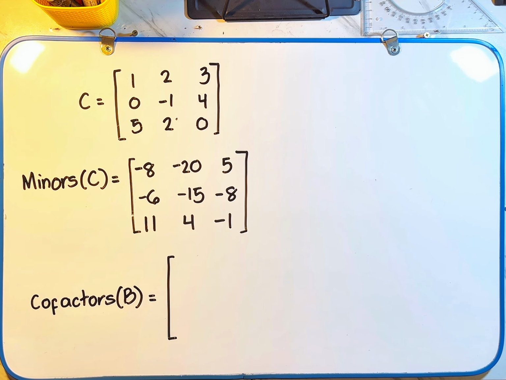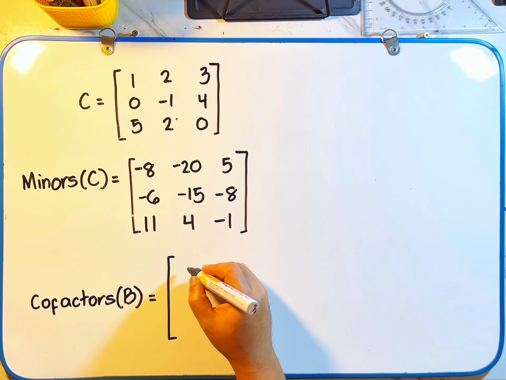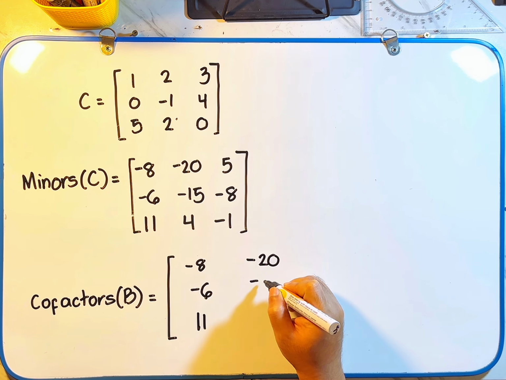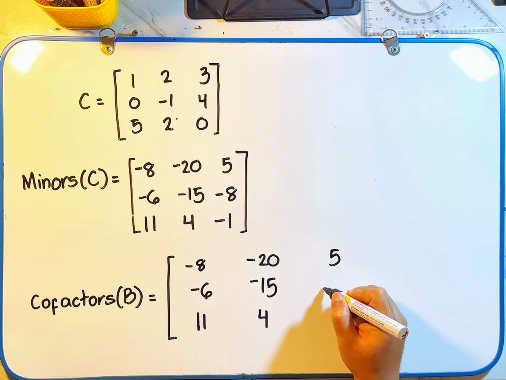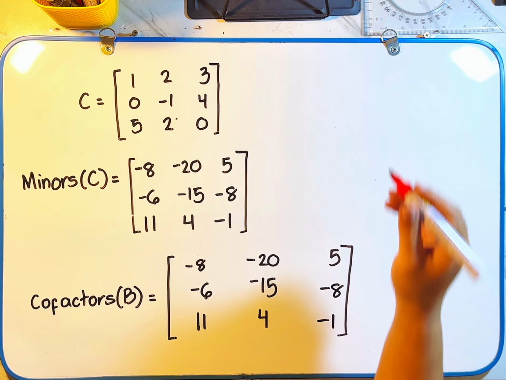For the cofactors, I'm going to copy all of the elements of the minors. And just like the 2 by 2 matrix, we also have a sign convention for 3 by 3 matrix cofactors.